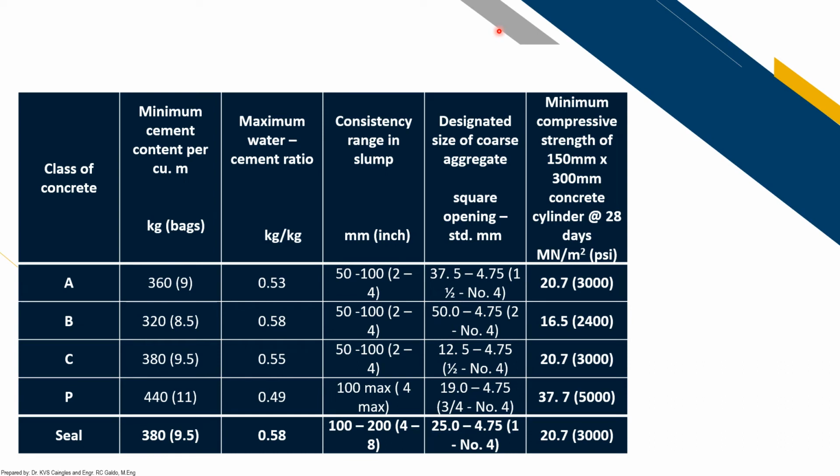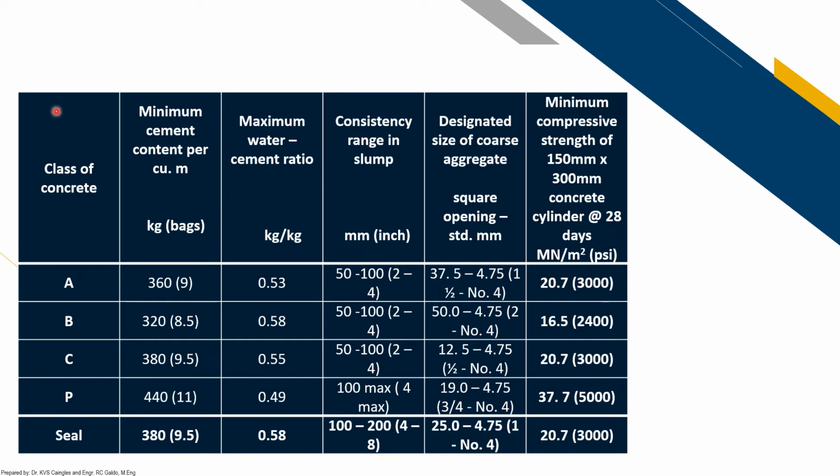Now from that cubic meter, we are going to further quantify ang bags of cement that we are going to need, and also how many cubic meters we need to obtain in terms of aggregates. Mao ni siya, especially ang number of bags.